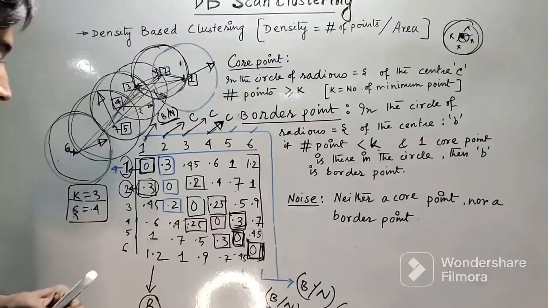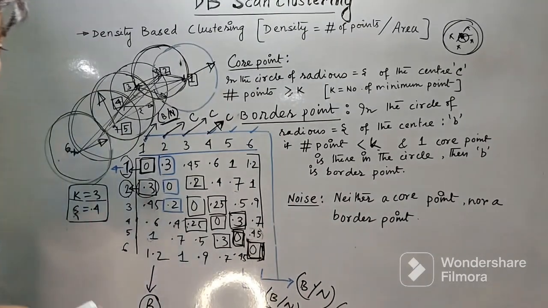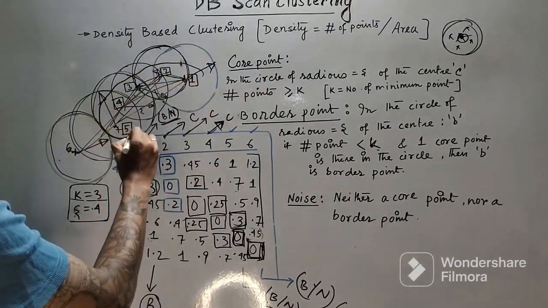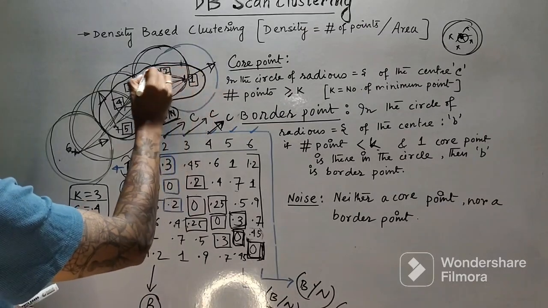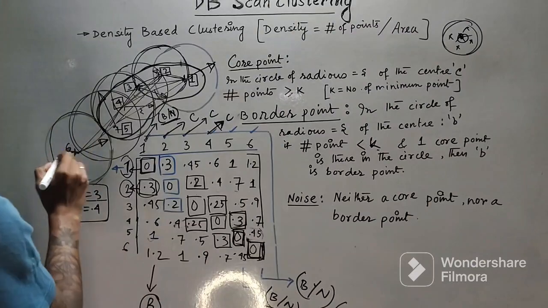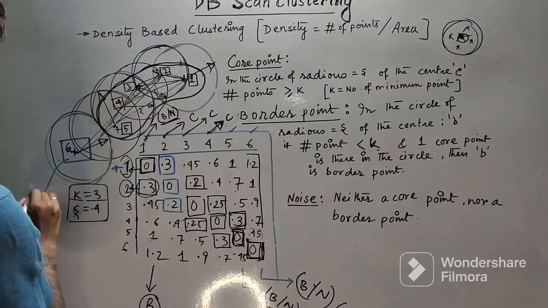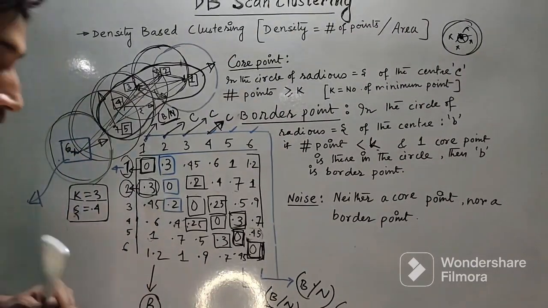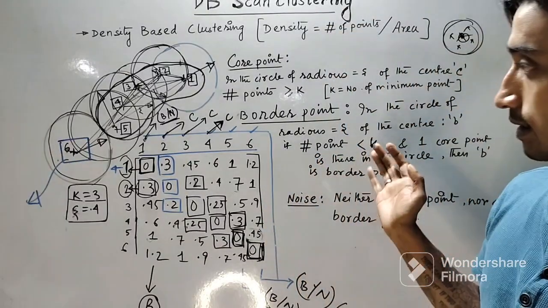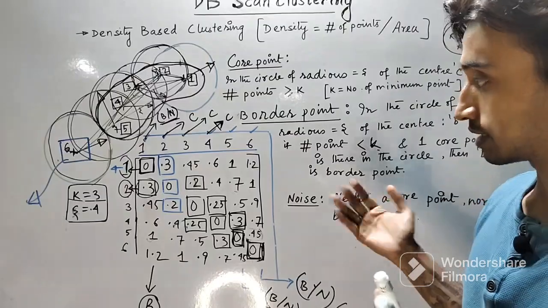So in this particular cluster, you can find only these points will be considered as a cluster and this will be considered as a noise. So you have already found this algorithm over here and I think this is pretty decent to understand.